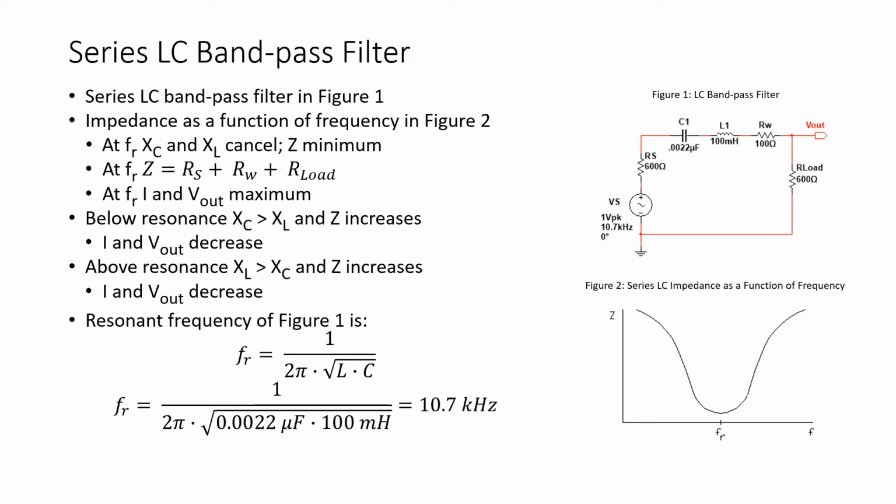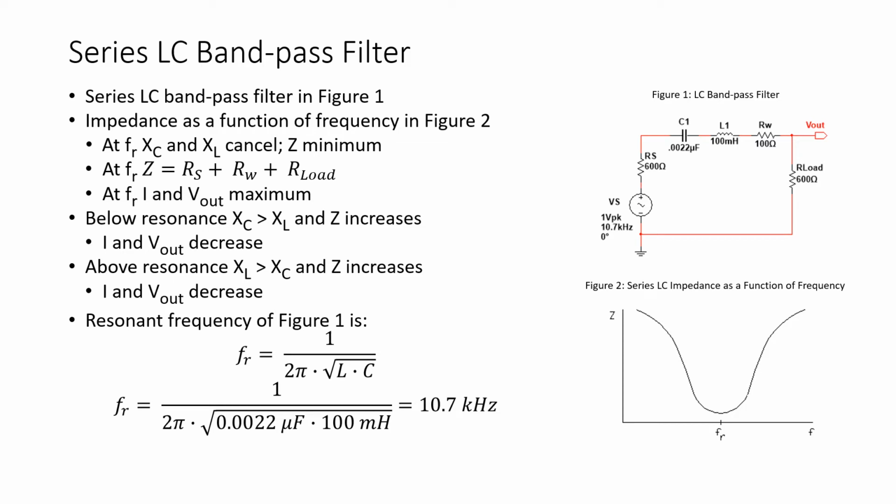So at resonance, the impedance of this circuit will be at its minimum. The impedance of the circuit at resonance is just the series combination of RS, RW, and R load. And of course at resonance, if impedance is minimum, then current will be maximum. Therefore the output voltage, the voltage across the load resistor, will be at its maximum.